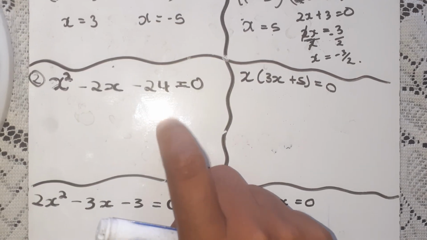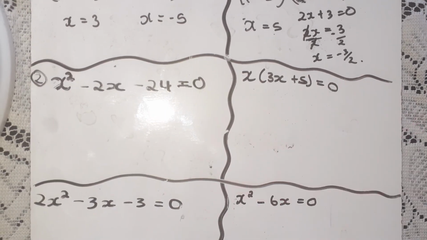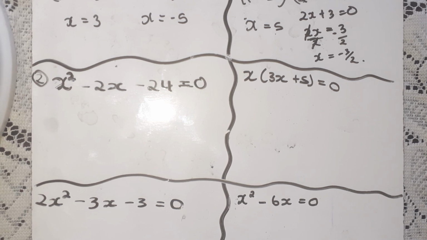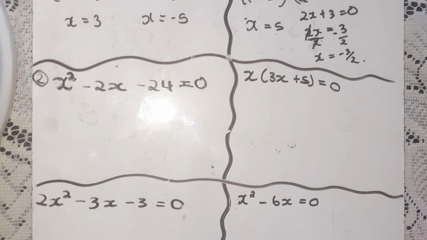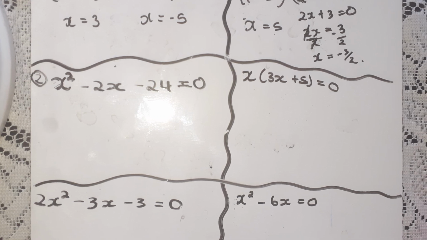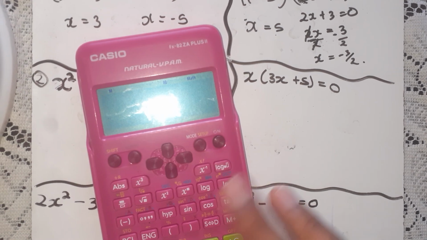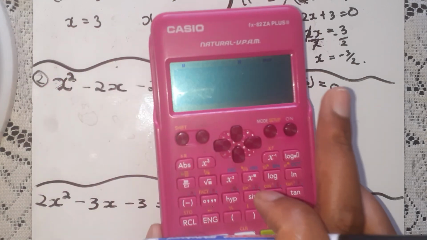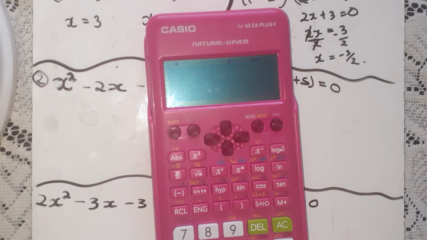All right, so we are now here. You can find the factors of 24 that when you multiply them, they'll give you negative 24, or when you add them, they will give you a 2. I'm still going to use the quadratic equation to find those factors because I can.